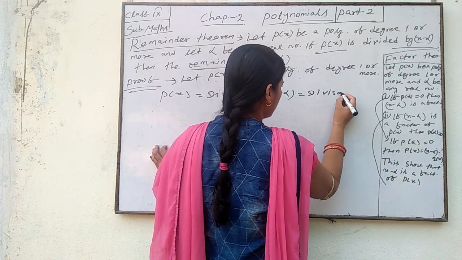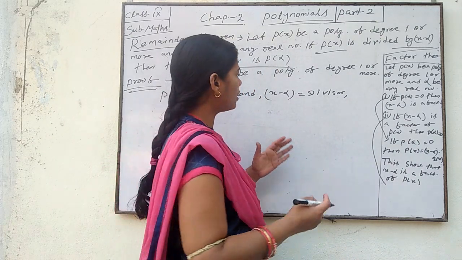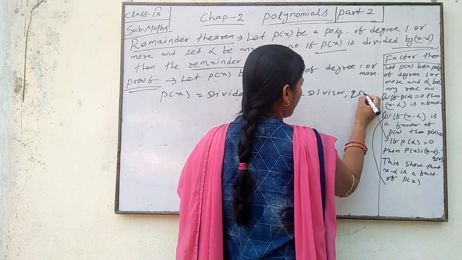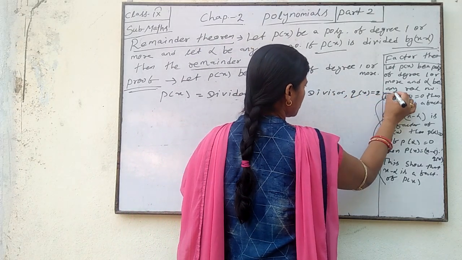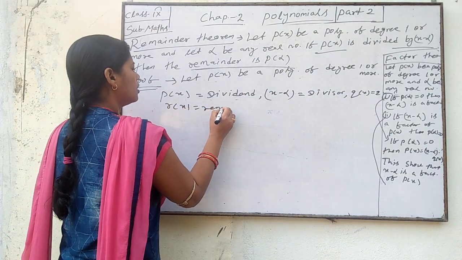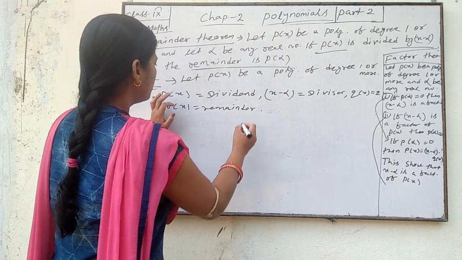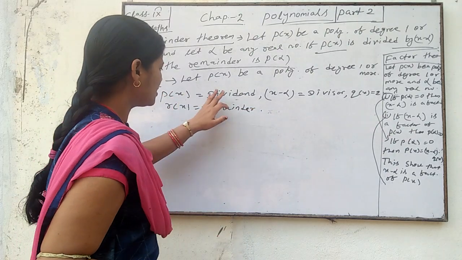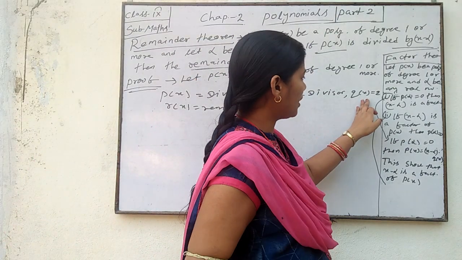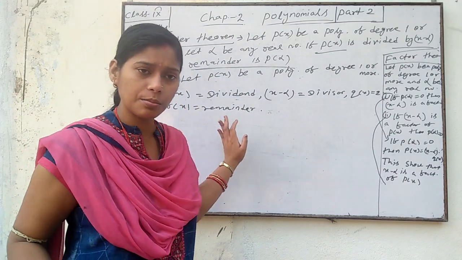Suppose we get a quotient, q of x is the quotient, and r of x is the remainder. Suppose p of x is the dividend, x minus alpha is the divisor, q of x is the quotient, and r of x is the remainder.